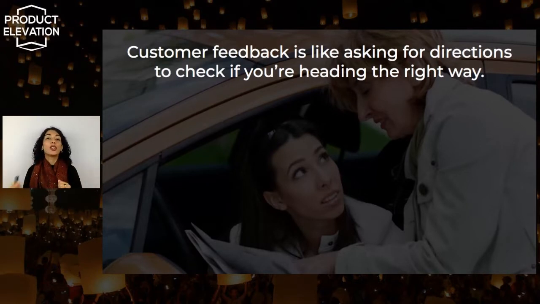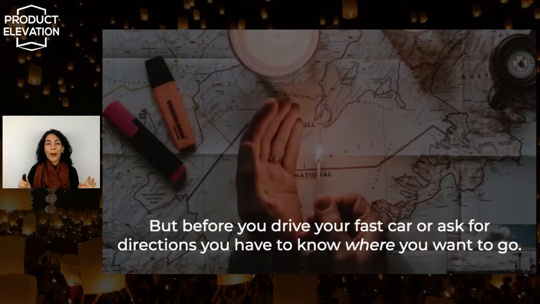That's like stopping to ask for directions in your fast car, just to check if you're heading in the right way. So customer feedback is important. But the reality is, before we get into our fast car, or start driving, or stopping to ask for directions, we really, as the driver, need to know where we want to go and roughly how we're going to get there.